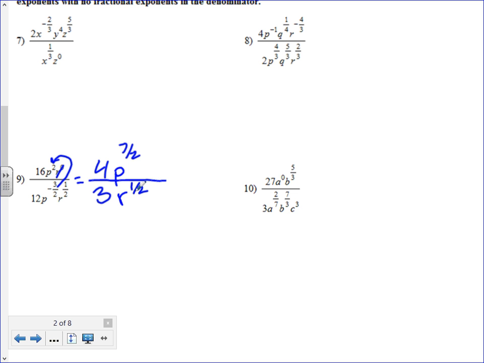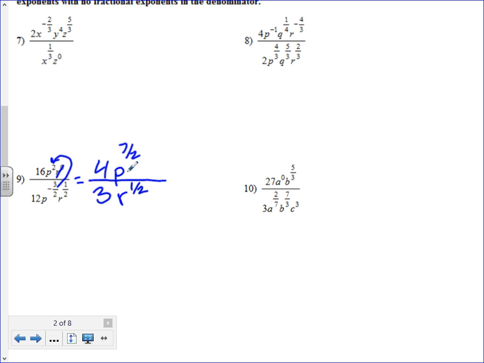The other one, anything to the 0 power is 1, right? Well, 4p to the 7 over 2 times 1 is still just 4p to the 7/2. That's why sometimes I say, if it says x to the 0, just cross it out, because it's just 1 times something.